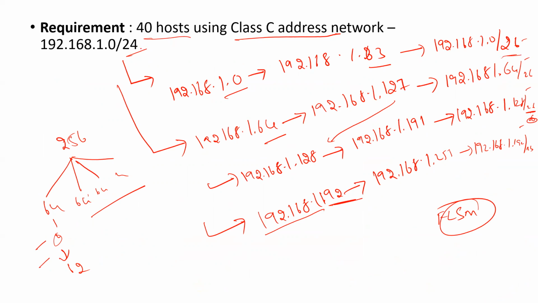By default for class C, what is the subnet mask? 255.255.255.0, the first 24 bits, but we are taking an additional 2, so we have to add that here.